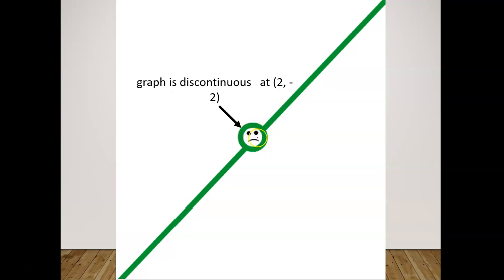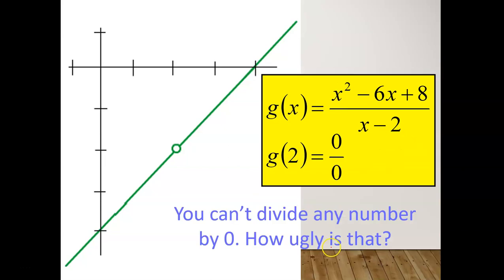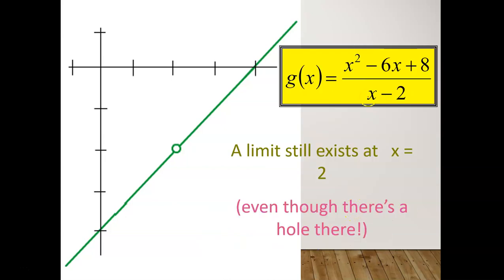If you can see here, substituting x equals 2, you have 0 over 0. You can't divide any number by 0. That will become undefined. But the limit still exists at x equals 2. Why? Because it is still moving to the same destination even though there's a hole there.